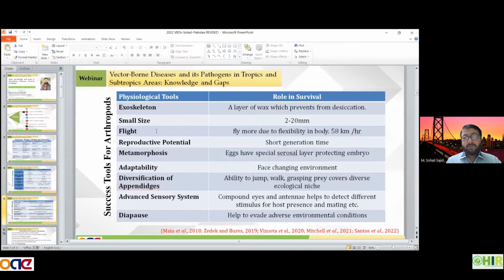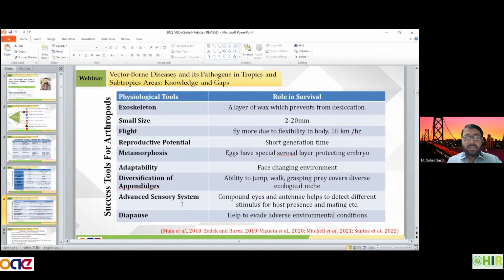Then along with that, there are physiological tools. They have an exoskeleton, which is protecting them. There's a waxy layer. They have a smaller size. They are capable of flying, not all, but a majority of them. They have a very good reproductive potential. They undergo metamorphosis and are adaptable to various kinds of climates. And diversification of appendages gives them the ability to jump, to walk, to grasp prey.